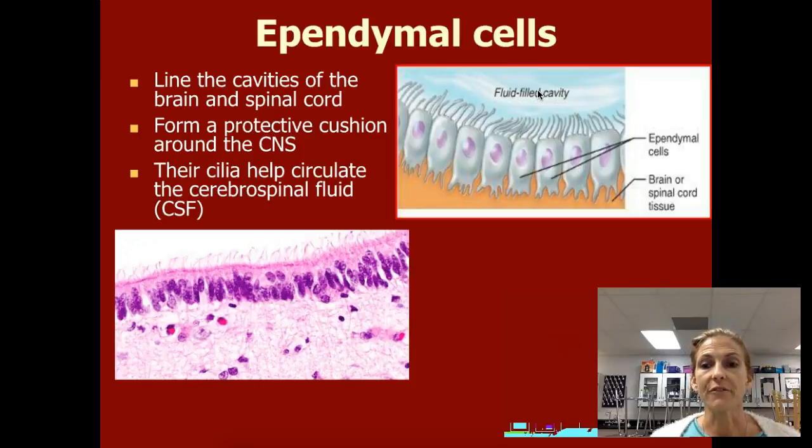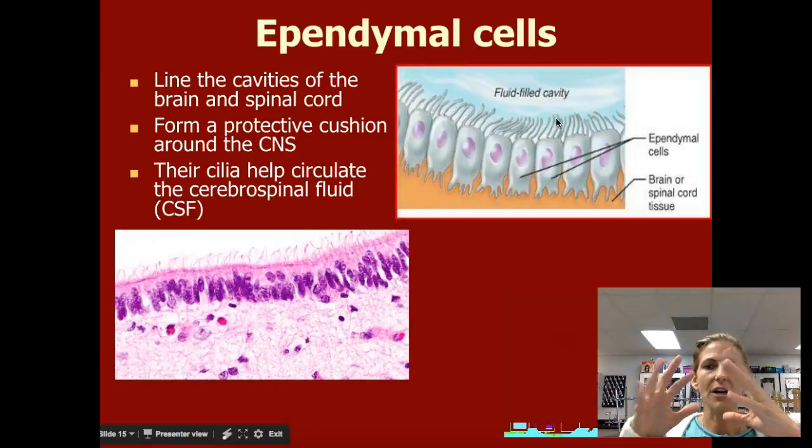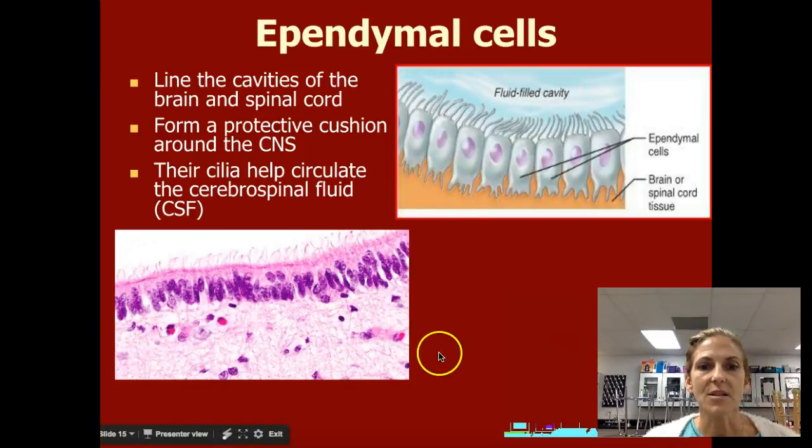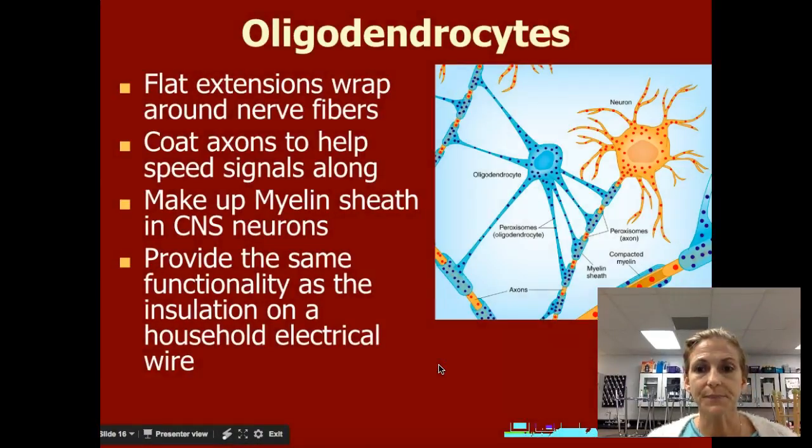So cerebral spinal fluid is in those spaces, and cerebral spinal fluid has antibodies in it, so it protects us from infections. It also has nutrients, so that kind of keeps the health of all the cells, basically. The cilia, they work to brush that cerebral spinal fluid, so it keeps it circulating, kind of keeps it fresh. So that's the purpose of the ependymal cells.